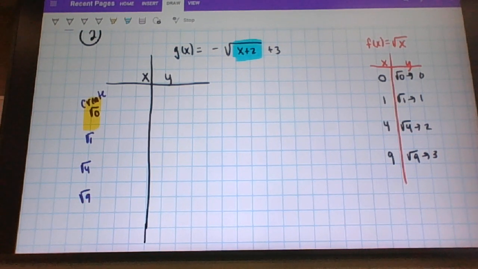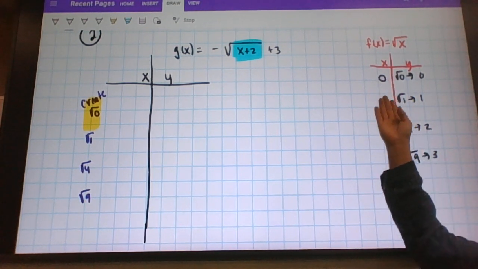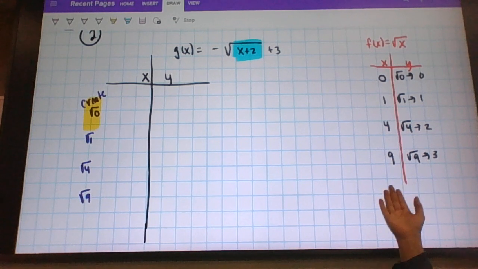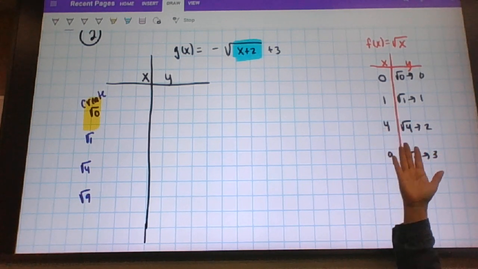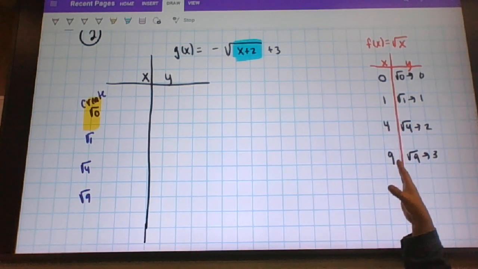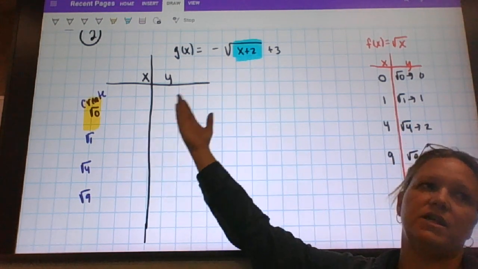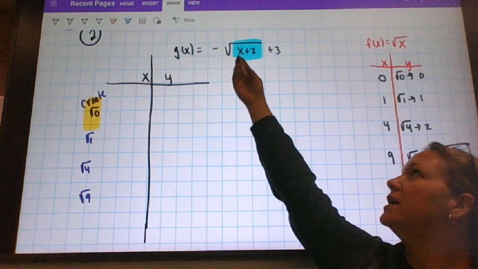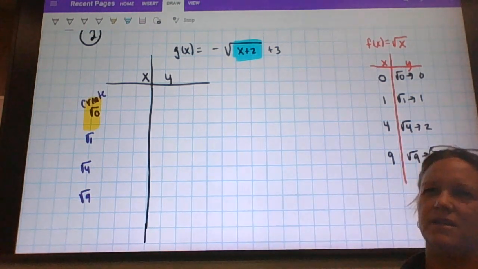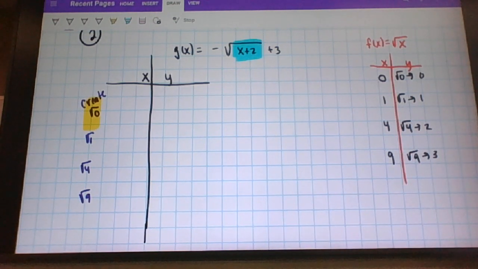I said that the best numbers to square root are 0, 1, 4, 9, the square roots of 4 and 9. So I like those in this table. But with this 2 here, it changes everything. Because if I put a 4 here, I have the square root of 6, and that's a decimal, and I really want to try to make a table that doesn't need decimals.